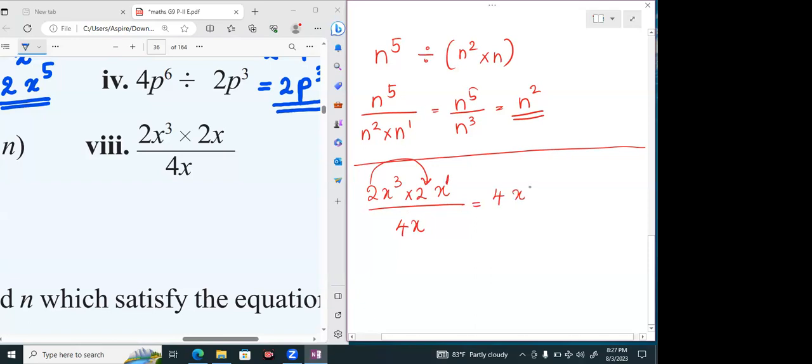Then x to the power of 4 upon 4 times x. Then 4 divided by 4 it is 1. That means 4 and 4 can be cancelled. Then here index is 1. Then x to the power of 4 subtract x to the power of 1. That means it is x to the power of 3.